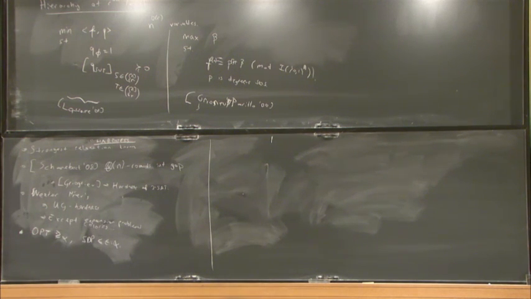So, for example, for minimum uncut, we know that Sherali-Adams or even mixed hierarchies cannot get any better than what Goemans-Williamson will give you, and that's what I mean here.